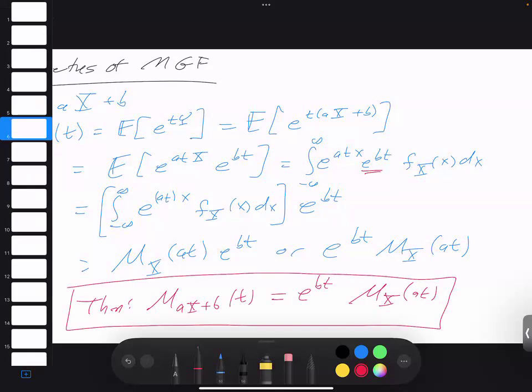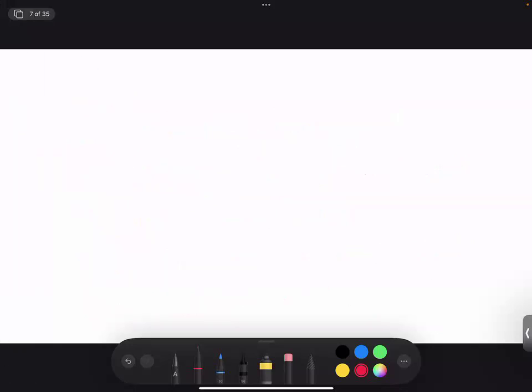Let's look at another possibility. Let's say y equals x1 plus x2. It's natural to ask, what's the moment generating function of y? And we'll assume that these are independent.